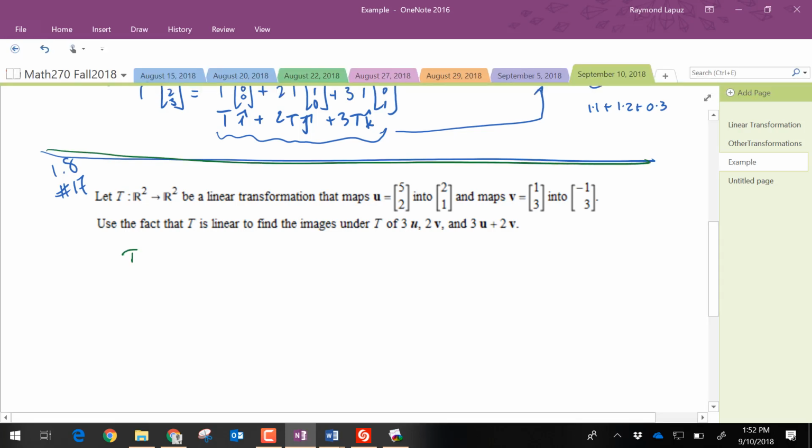So T of u, first of all, is equal to (2, 1). That maps (5, 2) to (2, 1). And T of v equals (-1, 3).